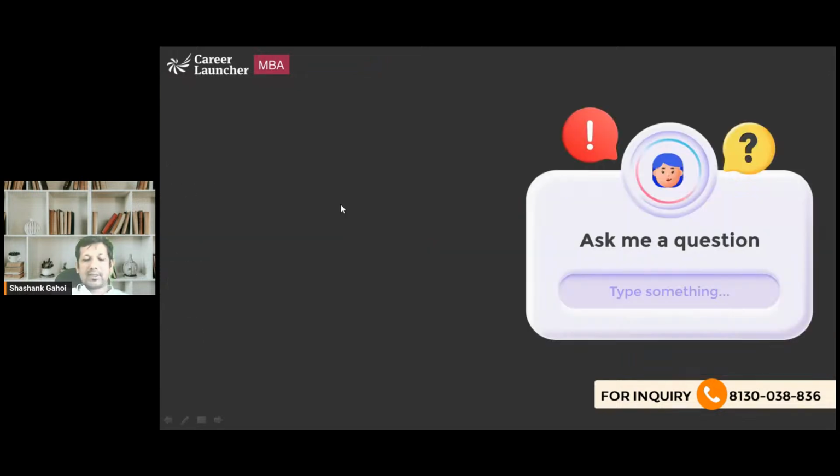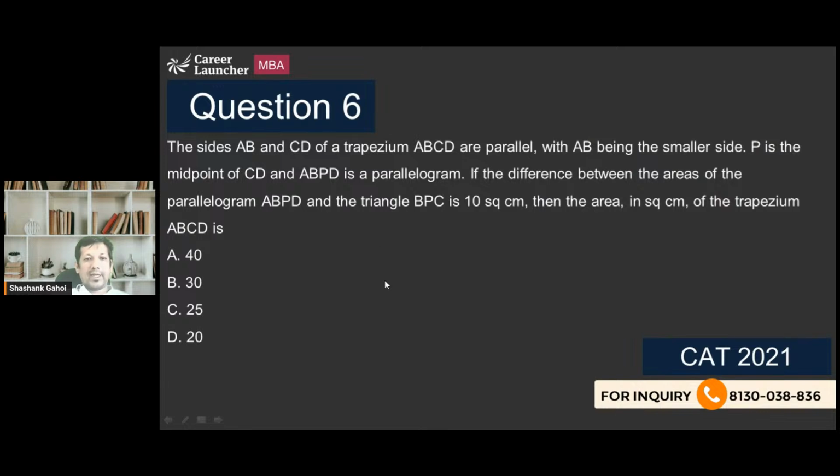It says sides AB and CD of a trapezium ABCD are parallel, AB being the smaller side. This is A, this is B, and basically we have something like this, C and D. P is the midpoint of CD.